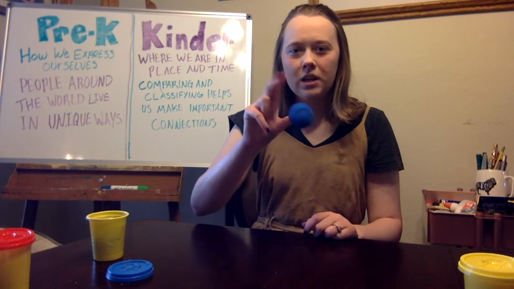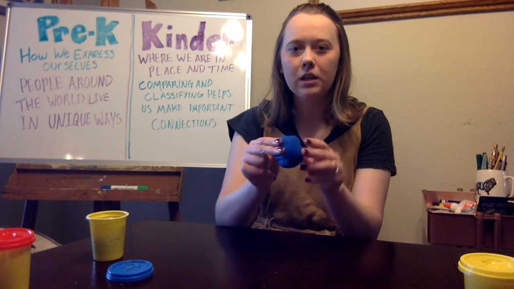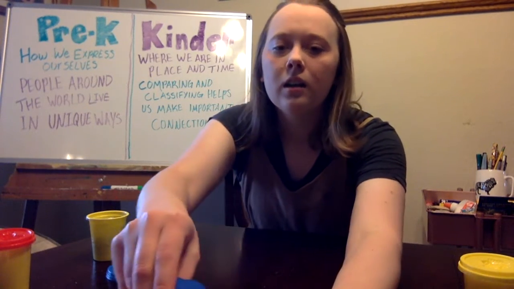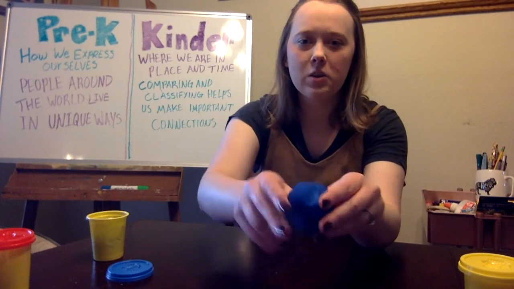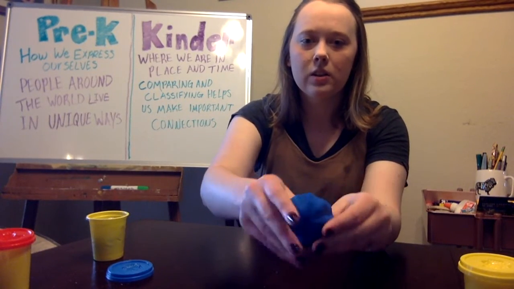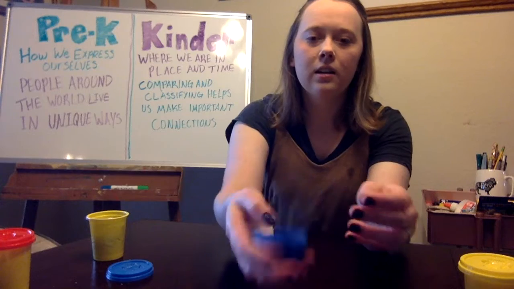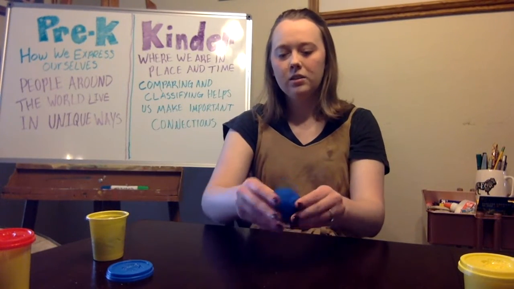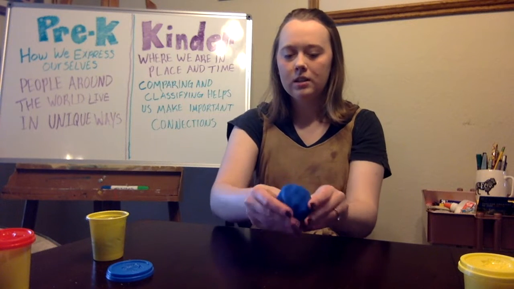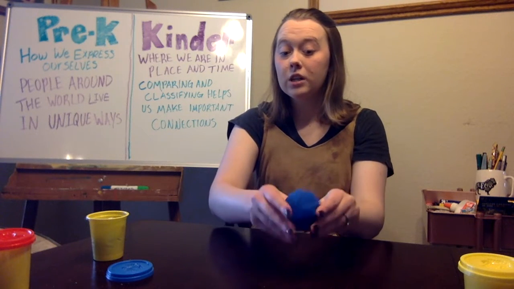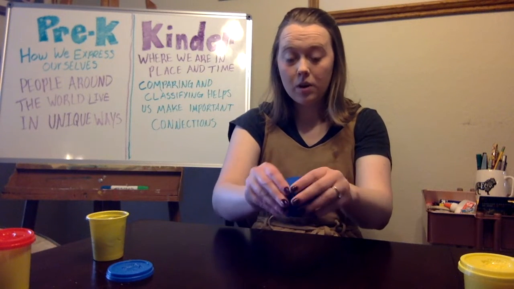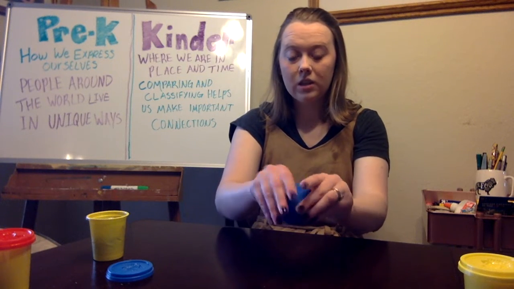You're going to take your bunny ears and pinch, and spin your sphere as you pinch so that it looks kind of like a bowl. Pinch, pinch, pinch. You want to make sure it doesn't get too thin at the bottom, and you want to try to make sure it's not too thick at the top.